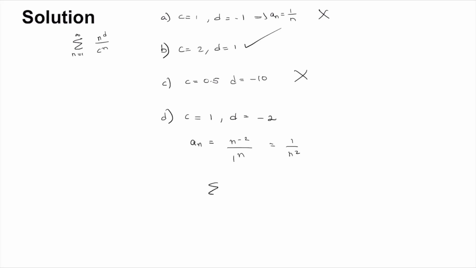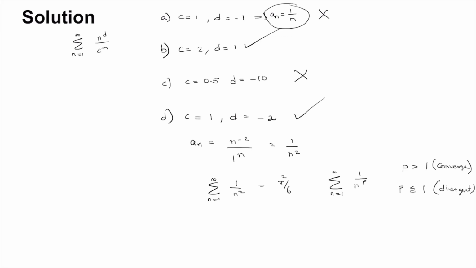So this is now a standard series. We know that this actually converges to pi square over 6. So you will notice that the p equal to 1 case is option A, but over here you have p equal to 2, so it will converge.